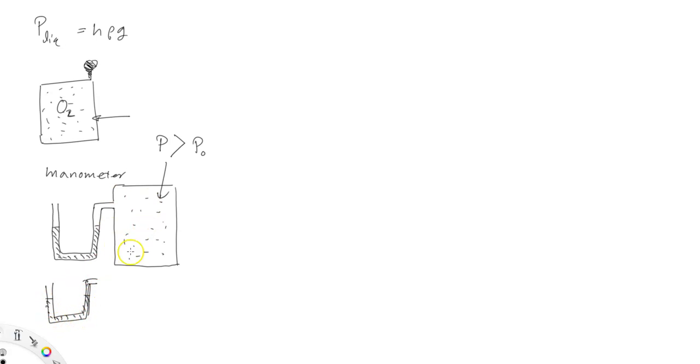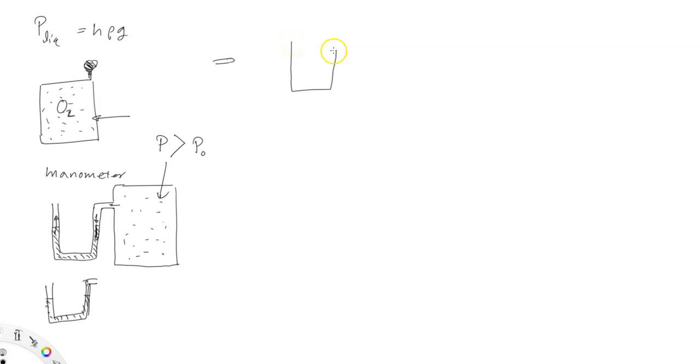Now once you connect something higher than the atmospheric pressure, this is going to push down on this side, so the level is going to go down on this side and go up on the other side. After that, what you would see is something like this.